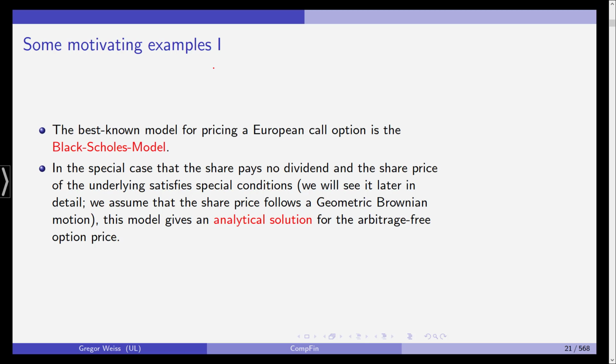And in the special case that the share pays no dividend and the share price of the underlying satisfies some conditions, most notably that the share price follows a certain statistical distribution, we get an analytical solution for the arbitrage-free option price. Now, what is an analytical solution?